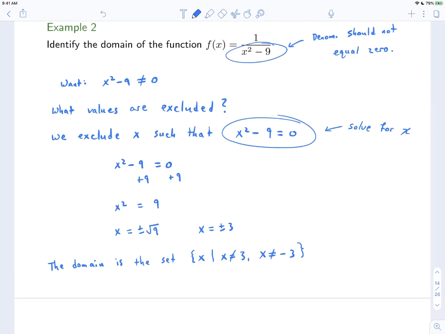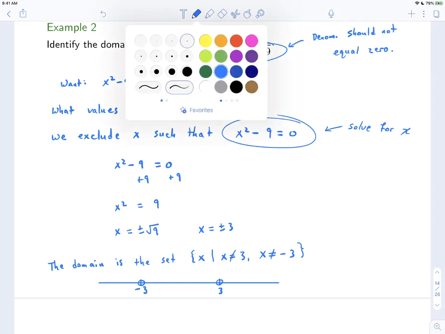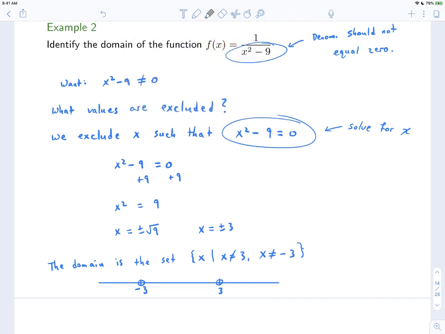If we plot this on a number line, we plot negative 3 and 3. Now, the domain is every number except for negative 3 and 3. So what we can do is draw an open circle like this for both of those, and then we draw a line. Let me just use a highlighter. So it's all of these numbers except for 3 and negative 3.